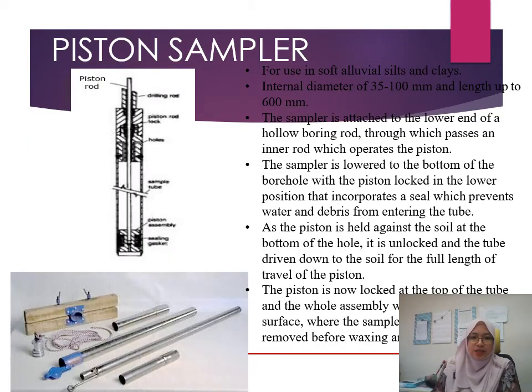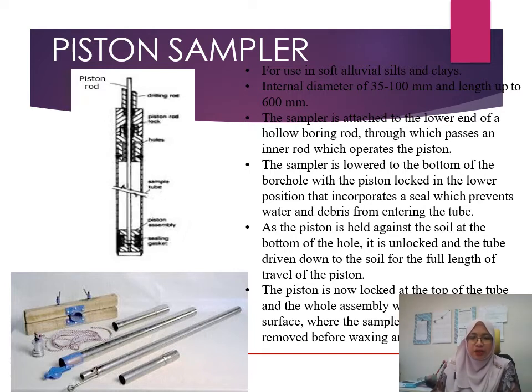Next is the piston sampler. This type of sampler can be used in soft alluvial silt and clay. The internal diameter of the piston sampler is from 35 to 100 mm, and the length is up to 600 mm.